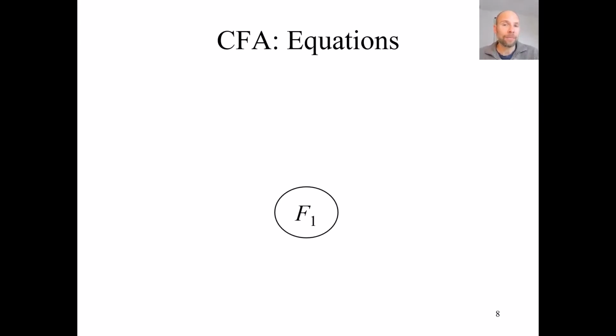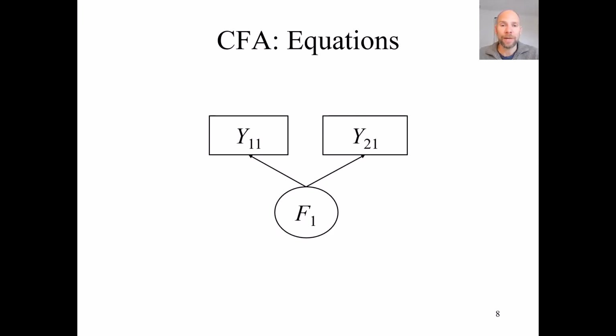So we could more formally say that we are measuring a latent variable that we could also call a factor. And here this would be the factor F1. F1 is measured by two observed variables, y11 and y21. And there are so-called factor loadings, which are also regression coefficients from linear regression equations.